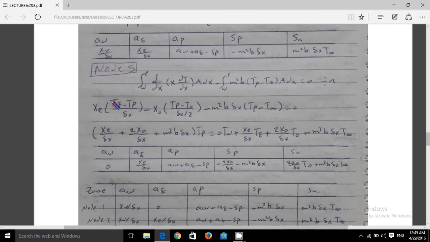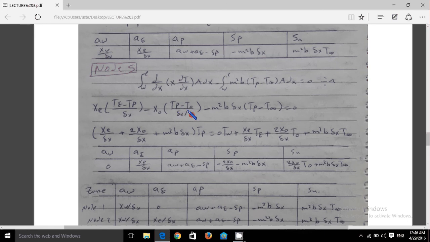I don't have a problem with the east side, so x east (T east minus T point) over delta x minus, as I told you, I don't have x west because I have only the final length that he gave me in the question, which is equal to 0.1, (T point minus T base temperature) over delta x over 2.